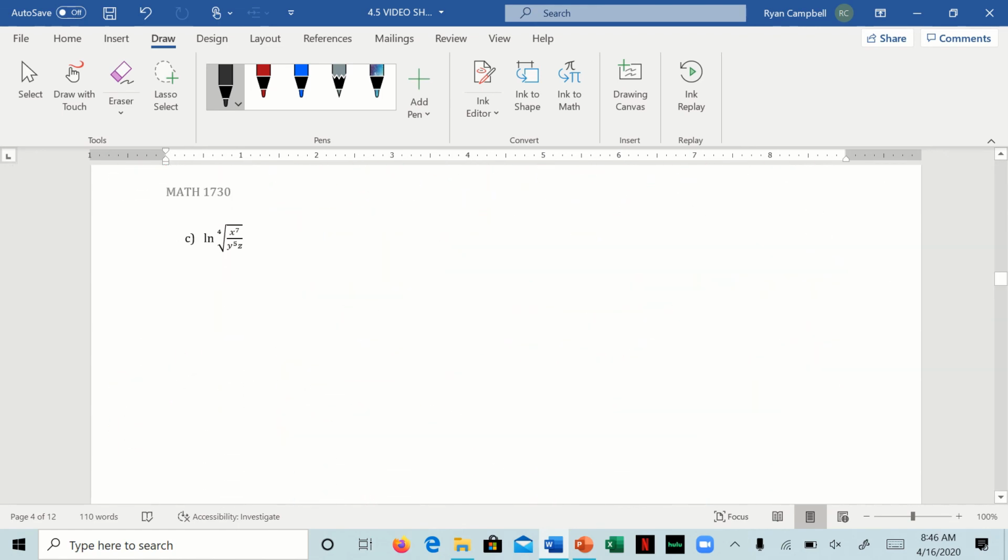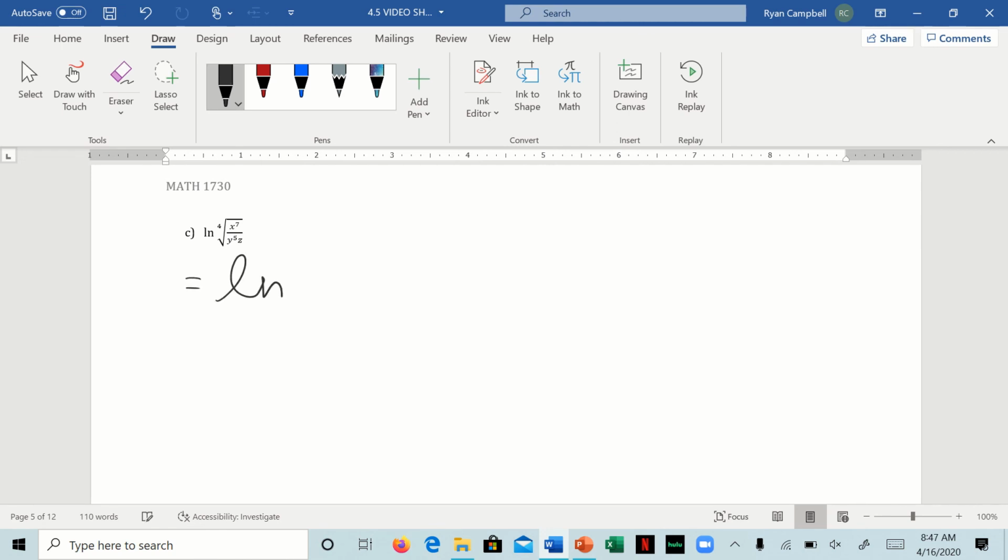All right, let's do the next one. Okay, so the entire thing is being fourth rooted, right? So we can't split up yet. There's a couple ways you can do this. One is just to distribute this fourth root to all the different exponents.